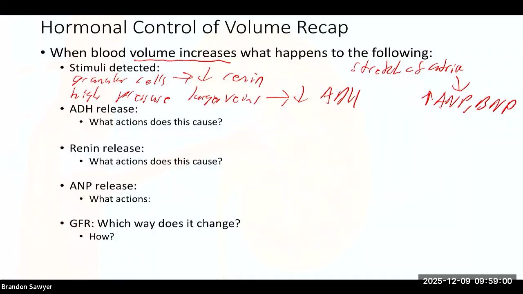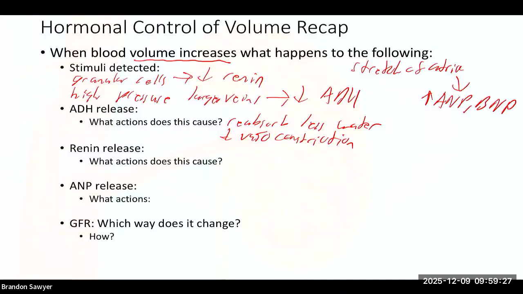Okay, so we have a decrease in ADH release, so we're going to reabsorb less water. We're going to decrease vasoconstriction. We're going to reverse all the stuff we just talked about with angiotensin 2 and aldosterone.